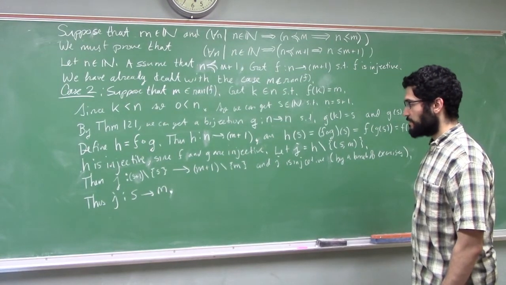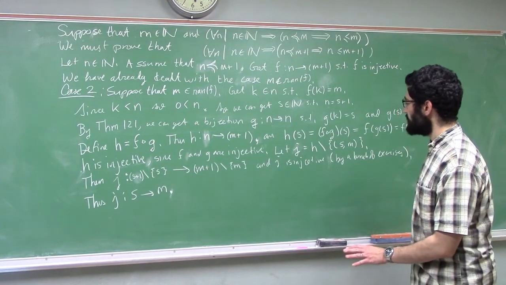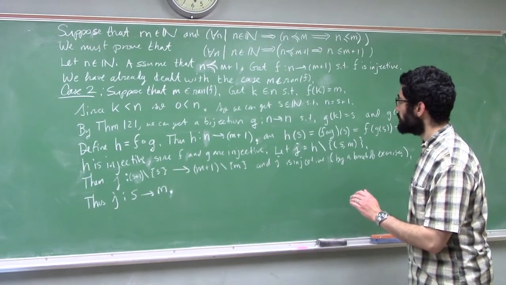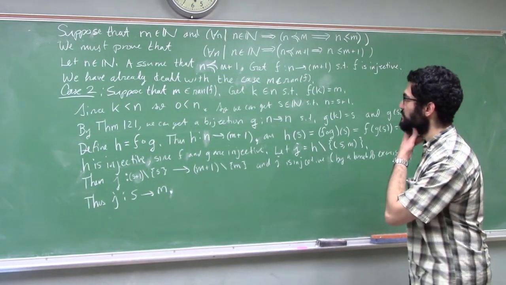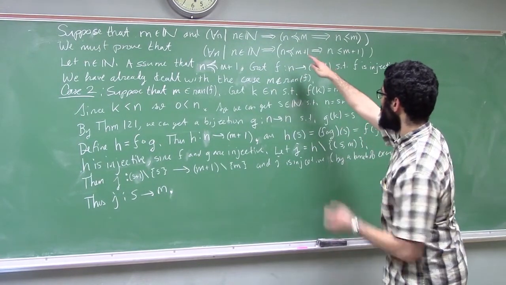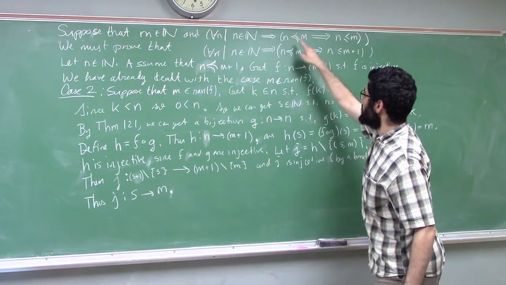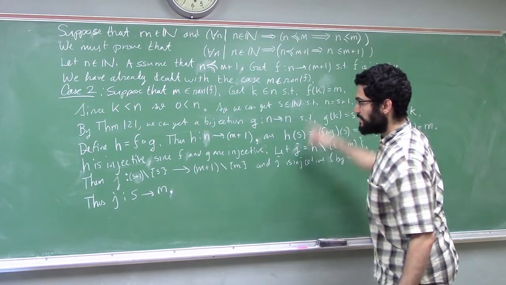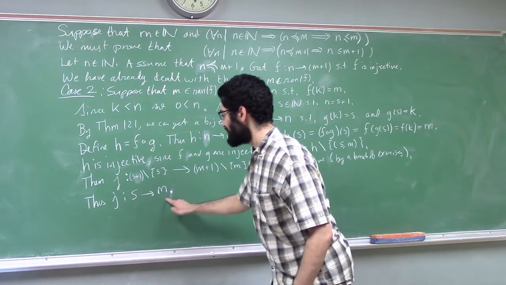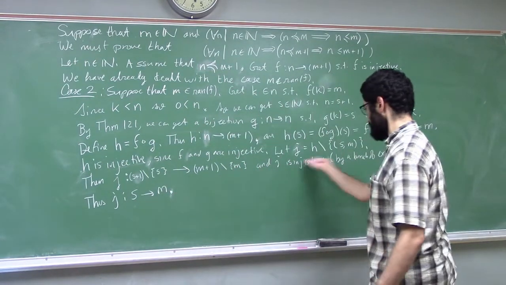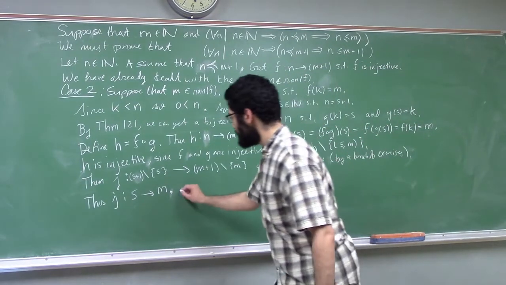And the point was that after we do this, we should be in a good position to apply the induction hypothesis, which it's been so long I forgot what that was. Anytime a natural number injects into M, that natural number is less than or equal to M. Here I have a natural number S injecting into N. J isn't injective, that's why it was important to say that here.